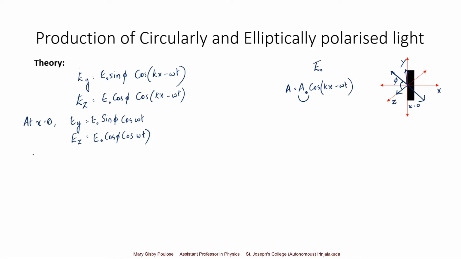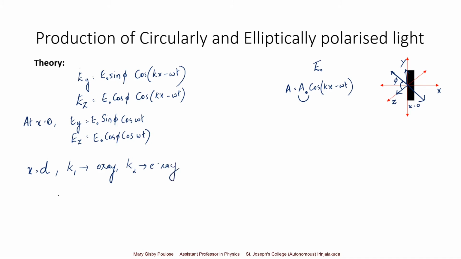So let us assume that the light travels through a distance d, the thickness of the crystal, and they have the propagation vectors k1 for the O ray and k2 for the E ray.